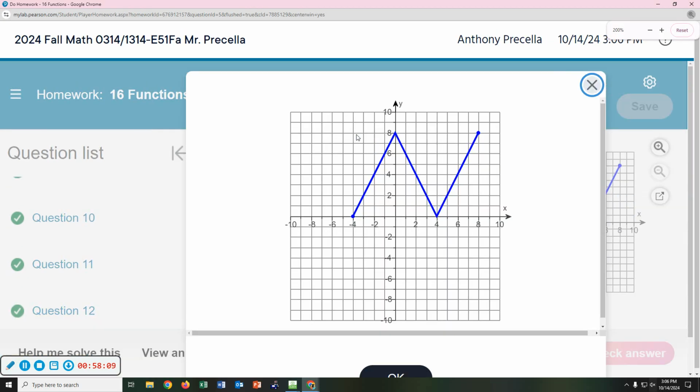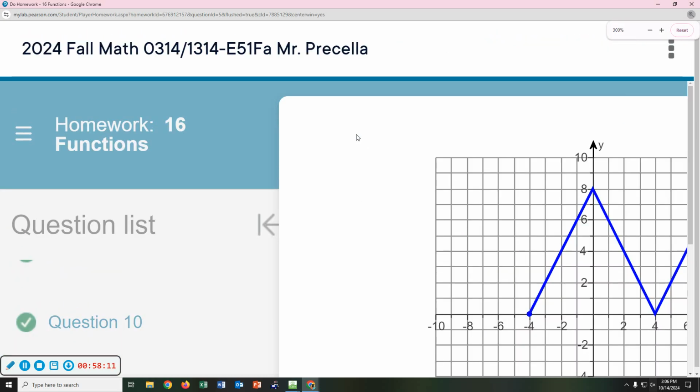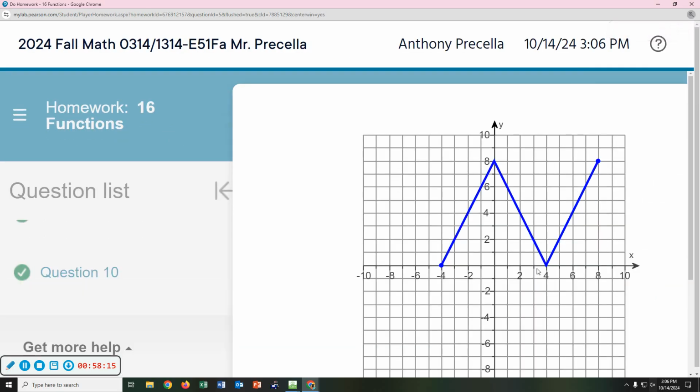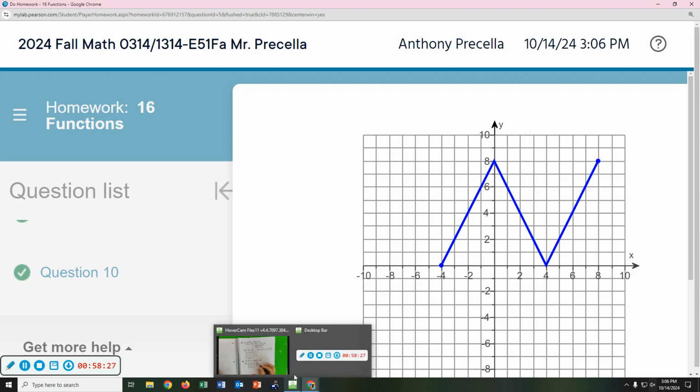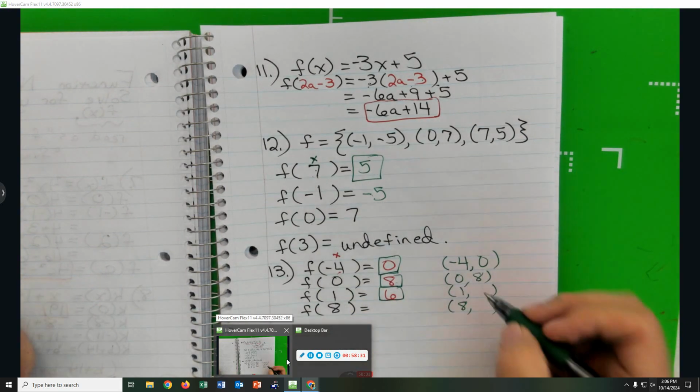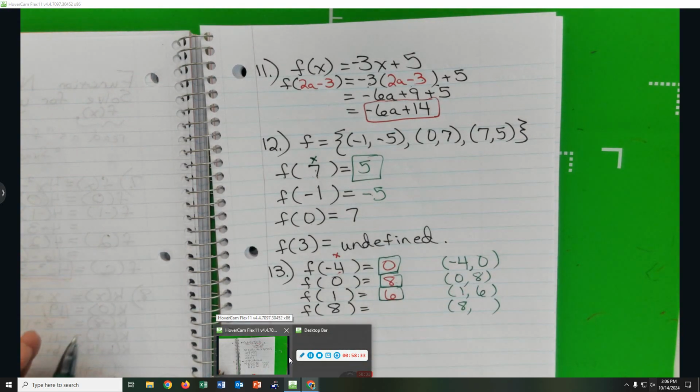There, I think I can see it better now. But x is 1. The y value is 6. So we just now created an ordered pair. When x is 1, the y value is 6.